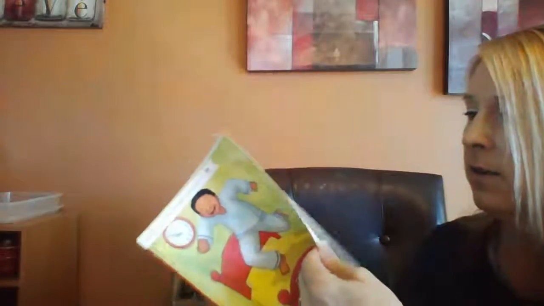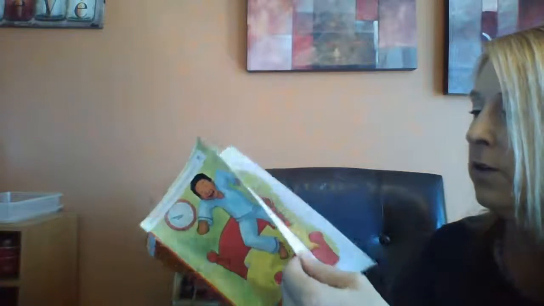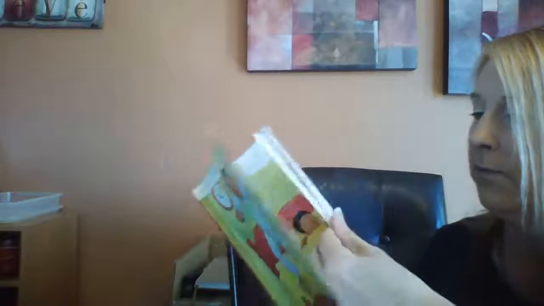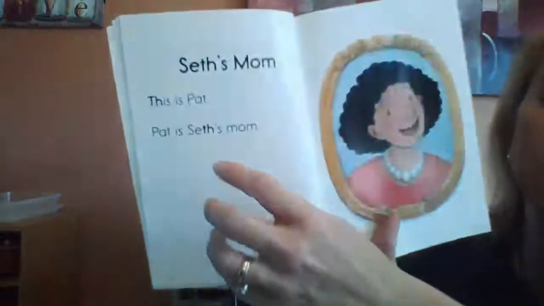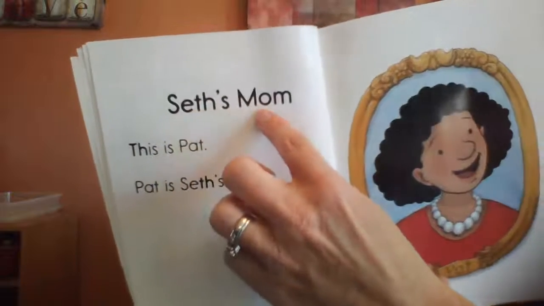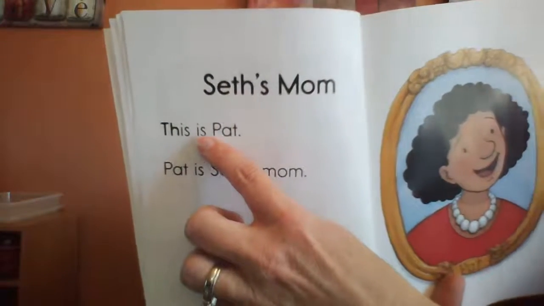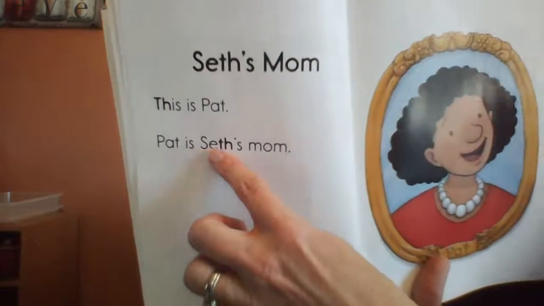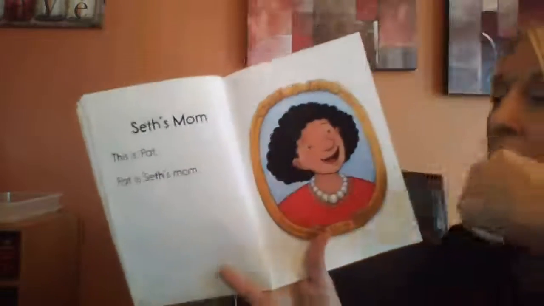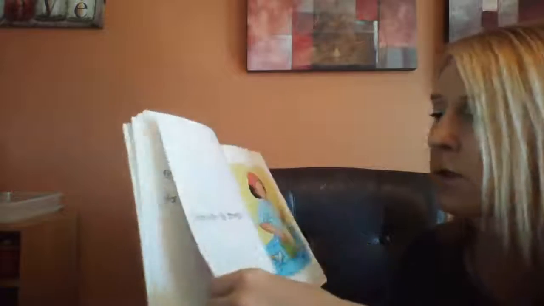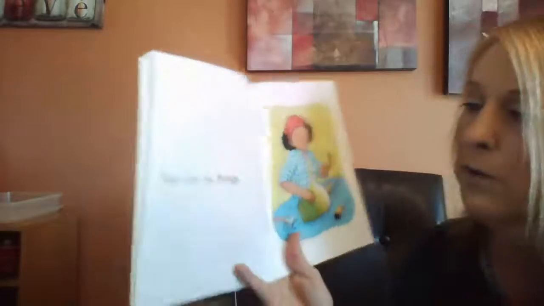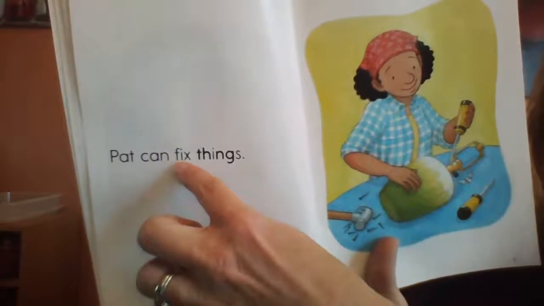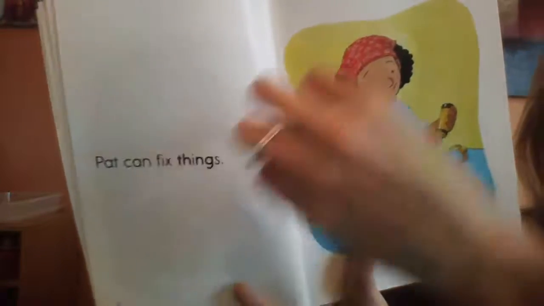Okay, let's go back and read it a little faster. Seth's mom. This is Pat. Pat is Seth's mom. Make sure you're reading out loud with me, boys and girls. Don't just listen to me read. I want you to read with my finger. Pat can fix things.